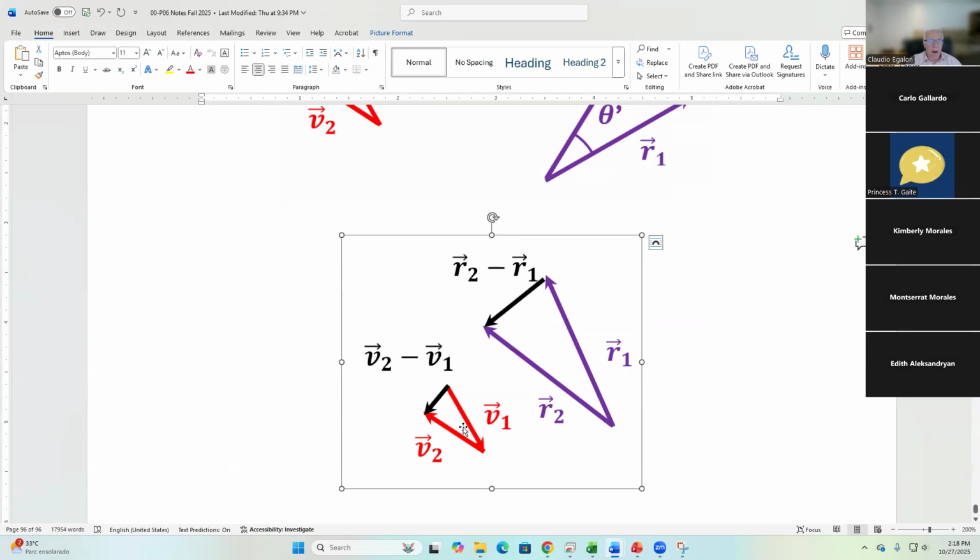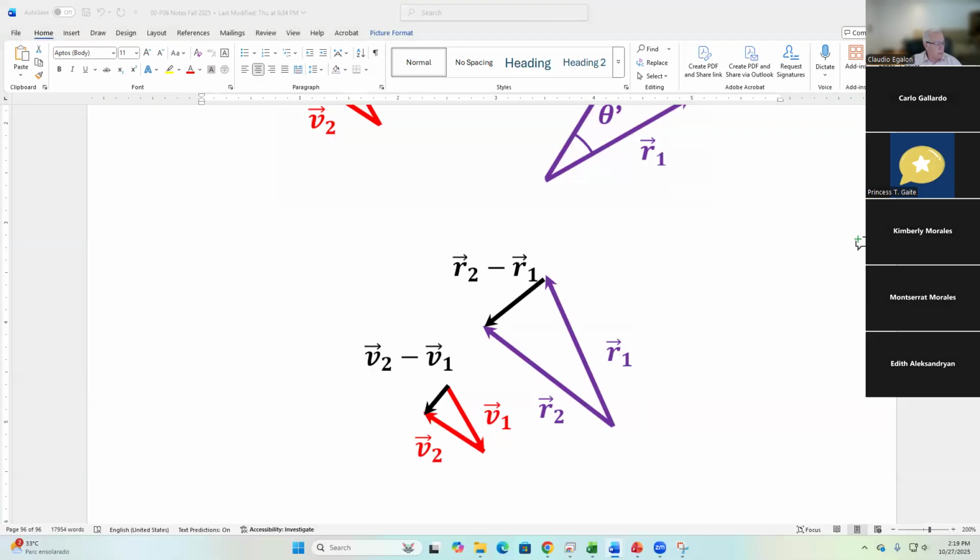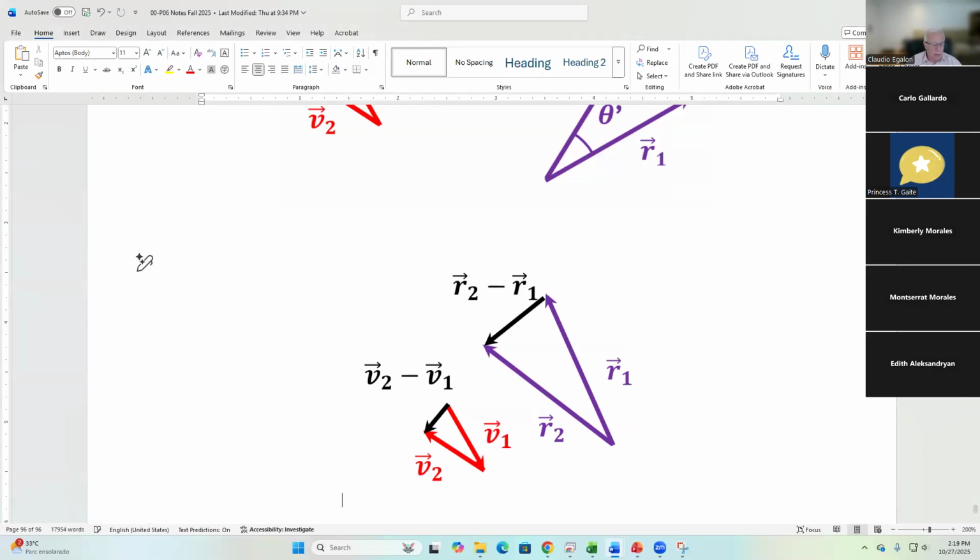And that's the similar triangle that I'm talking about. This angle here is equal to this angle. Because this length is equal to this length and this length is equal to this length, those two triangles are similar to each other.